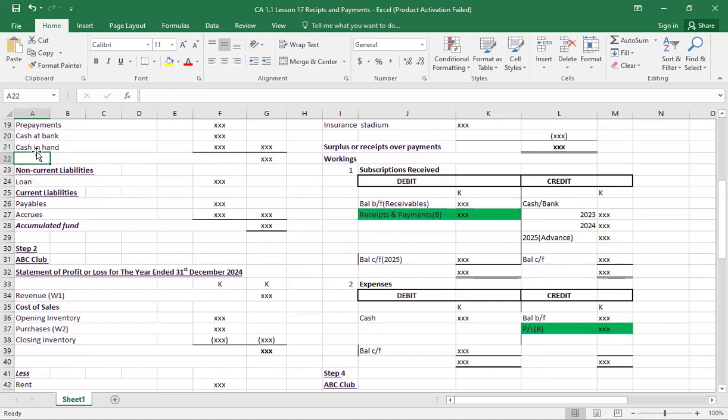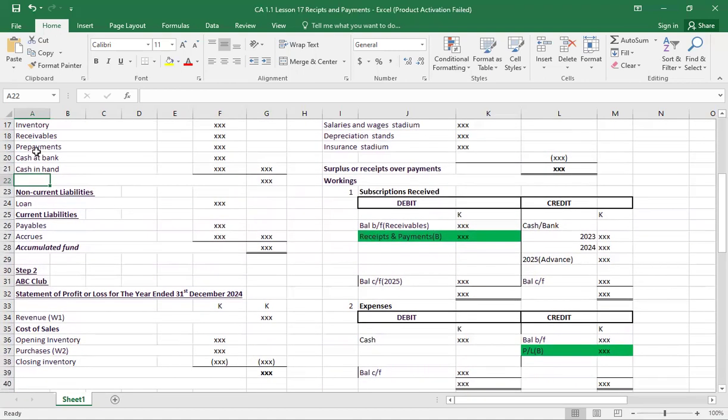A member of the club has used the service of the club and then they owe that subscription that they haven't paid. Therefore, it's a current asset. But if they've prepaid that subscription, then it simply means the club is owing a service that they need to deliver to that member, so it's a current liability.